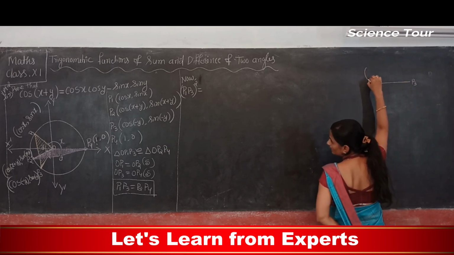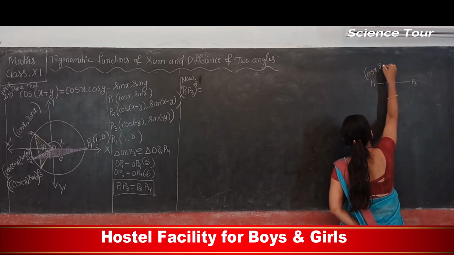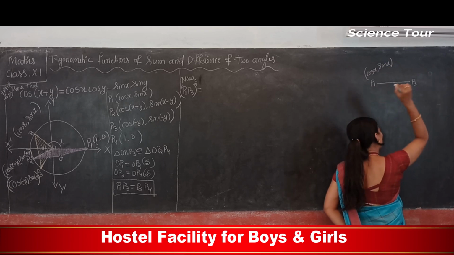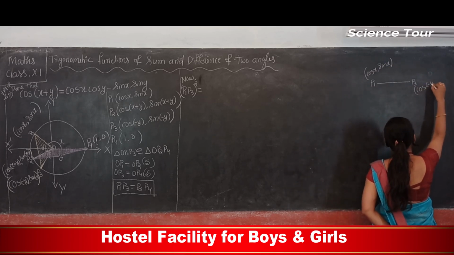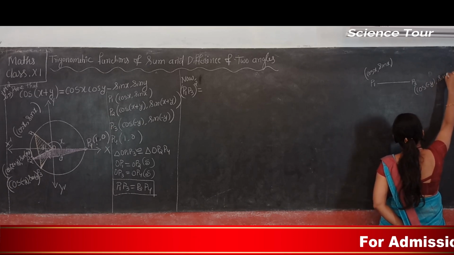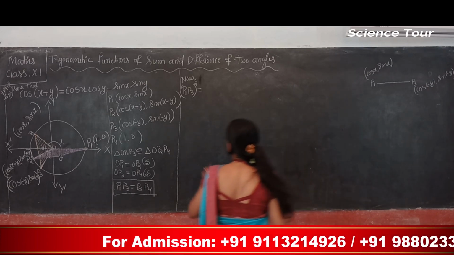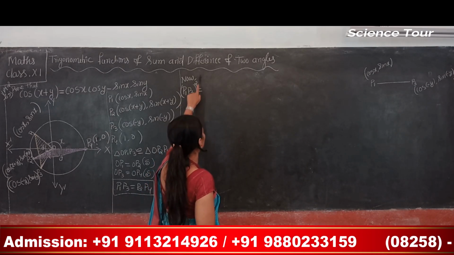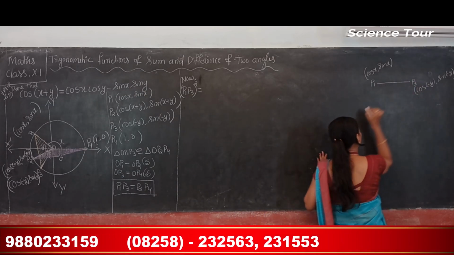What is the coordinate of P1? It is cos x comma sin x. Is it right? So what is the coordinate of P3? It is cos of minus y comma sin of minus y. Yes. So what I need is P1, P3 whole square. From this figure, what is P1, P3 whole square?